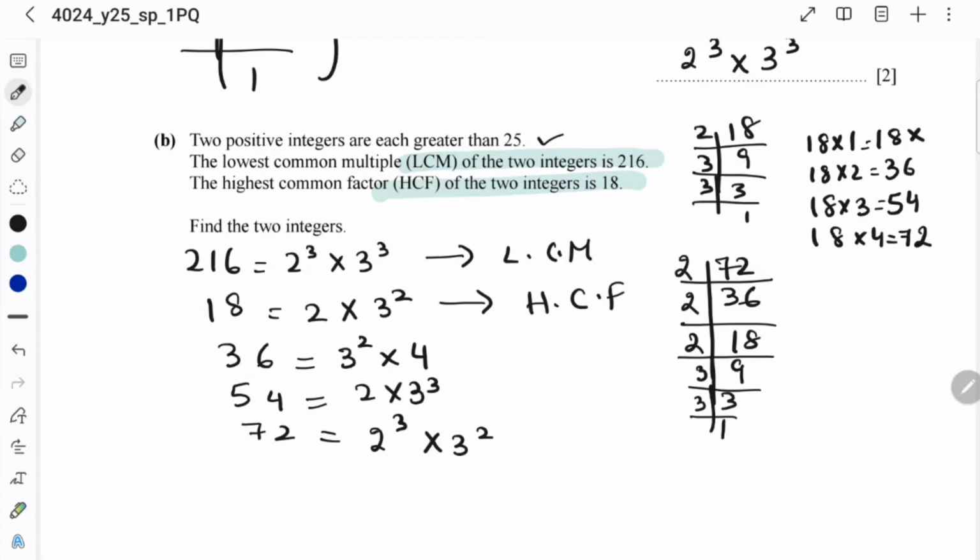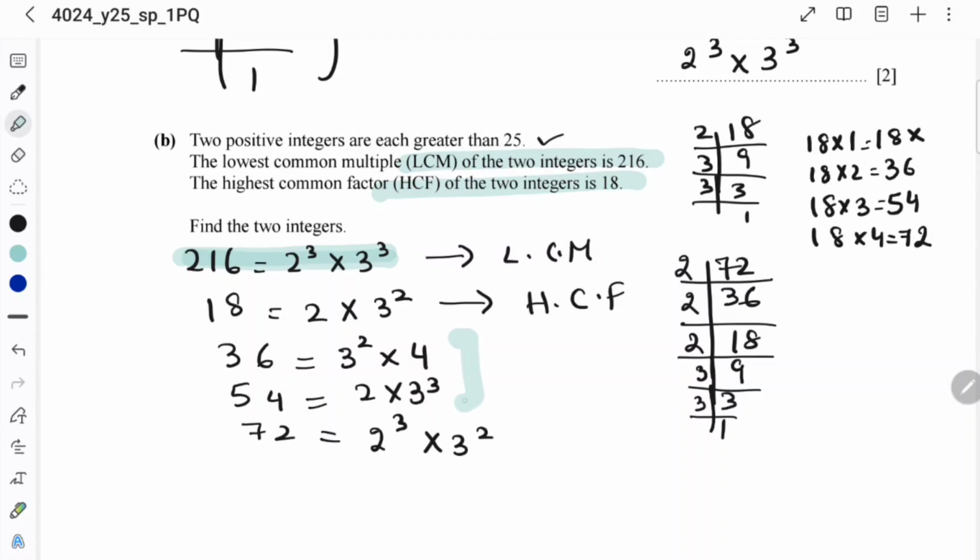Now in this question we'll have to understand, I'm looking at 36 and 54. Obviously they all have HCF 18 because I have just checked that they are coming in the times table of 18. So their HCF will be 18. Now we are looking for LCM. LCM is equal to 2 cube into 3 cube. Whatever pair has 2 cube into 3 cube as LCM will be the answer to the question.